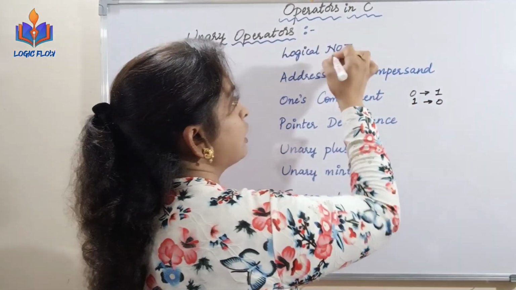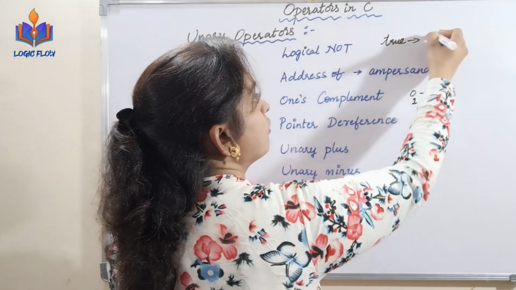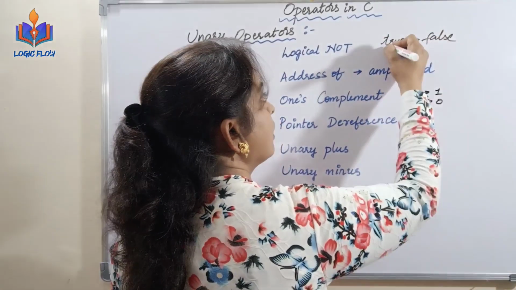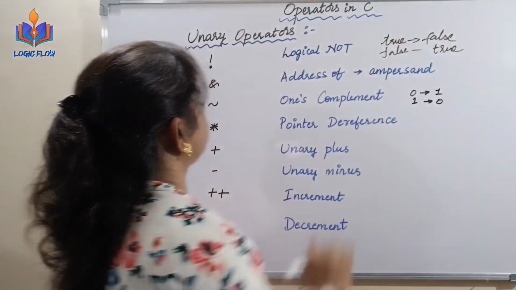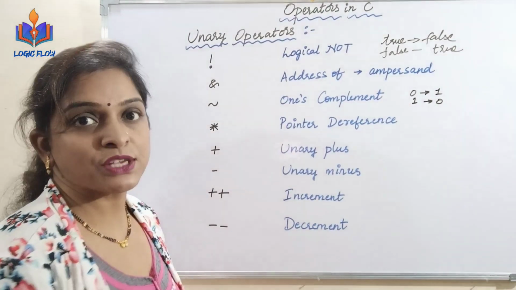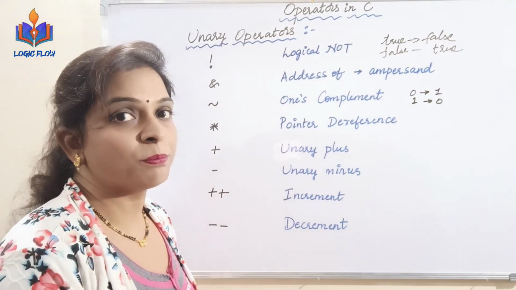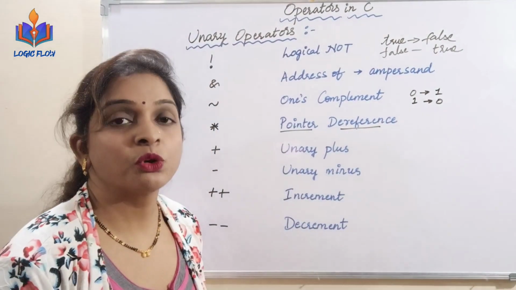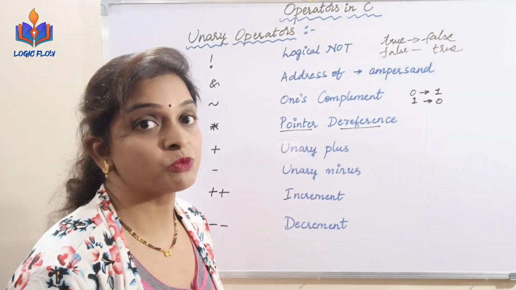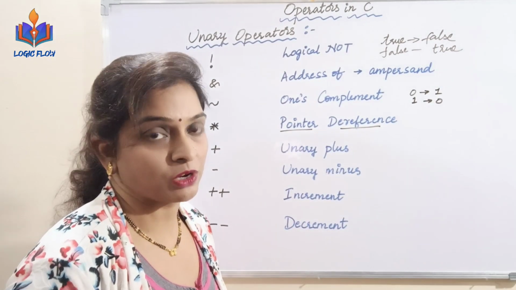And this logical NOT is like converting true to false and false to true. Then we have the asterisk symbol, but when it is treated as a unary operator, we call it pointer dereference. To create pointers, to deal with pointers, we use this. In the next coming videos, we'll talk about these pointers.